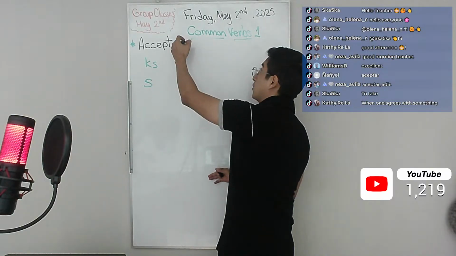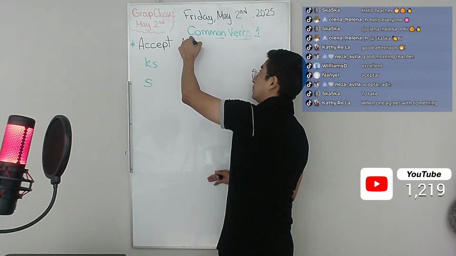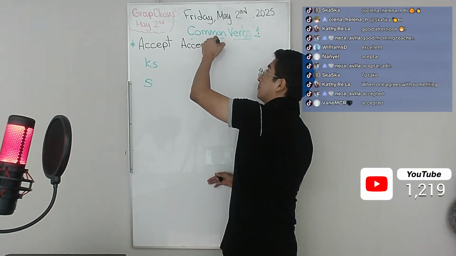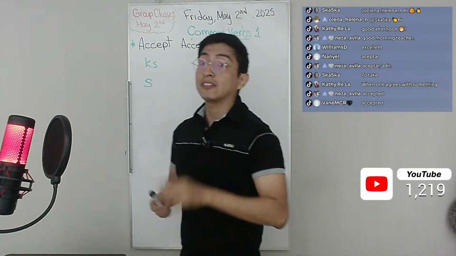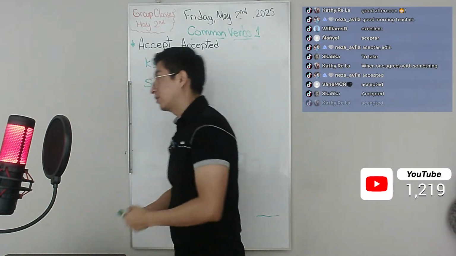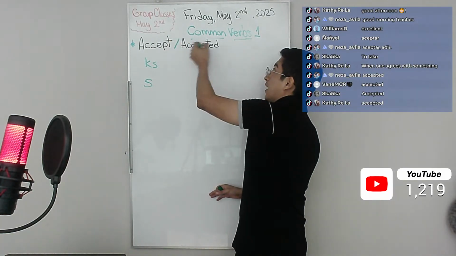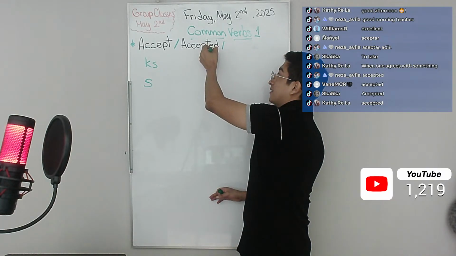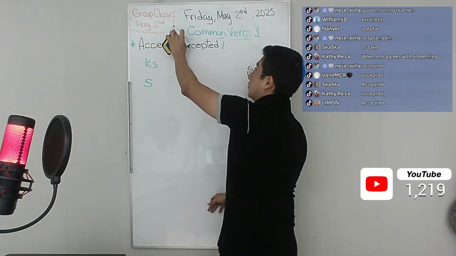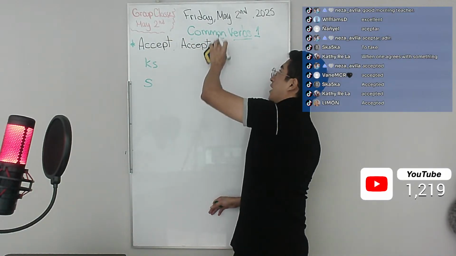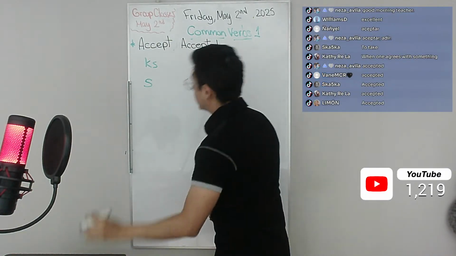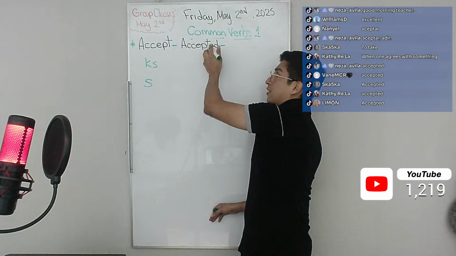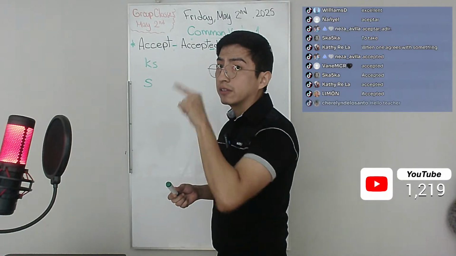Remember that with regular verbs, we always add this. Accepted. And as you can see here, guys, we pronounce this part. I'm going to use a hyphen. So we have accept, accepted. Look, we pronounce the letter E here. Accepted.